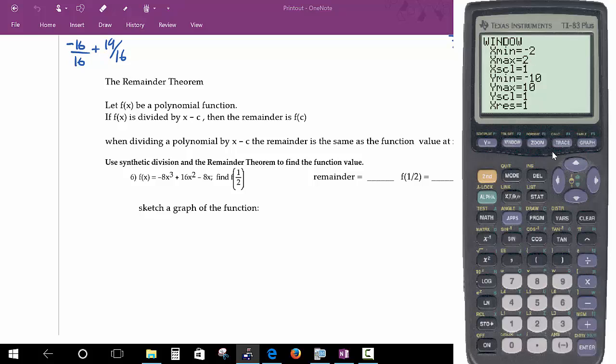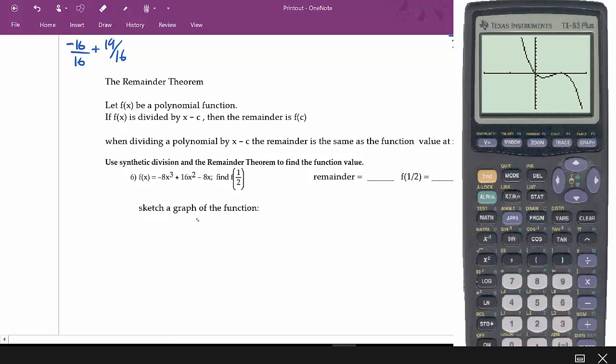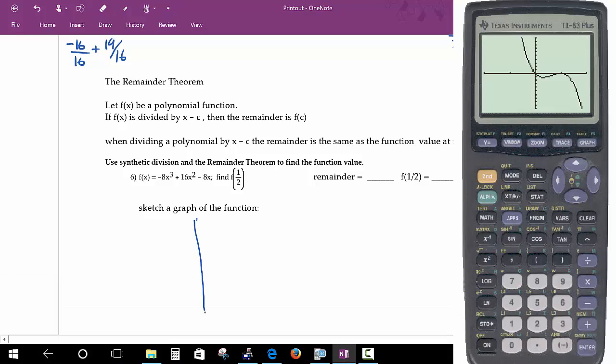That'll just zoom on it a little bit like this, and that'll help you see something a little bit better. So that looks like a cubic function. It's got the end behavior we would expect. So what I want you to do, I'll leave the calculator up here, is just go through and draw a coordinate system. And we're going to go to 2, and we're going to make a very rough sketch of this.